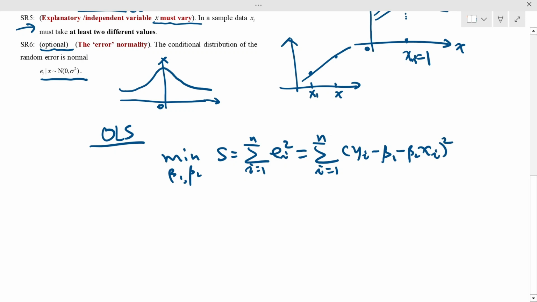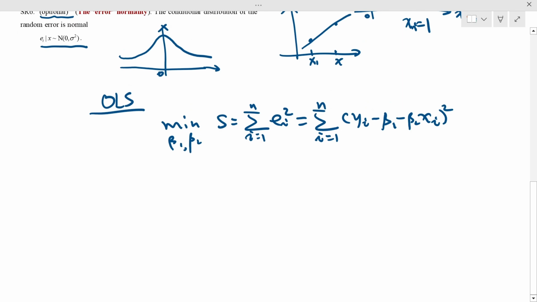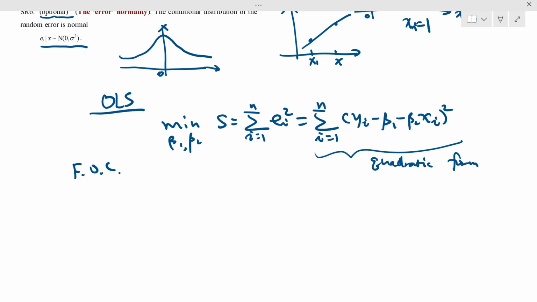I'm going to derive this estimator here. So we need some algebraic work. I'm going to take the first order condition. And you should know that this is a quadratic function. The objective function is a quadratic form. So the problem has a global minimum and is well defined.